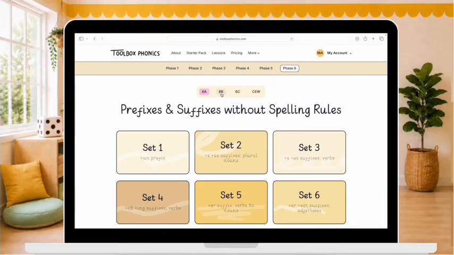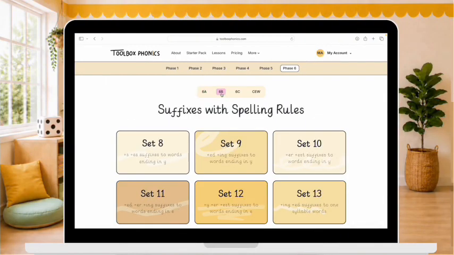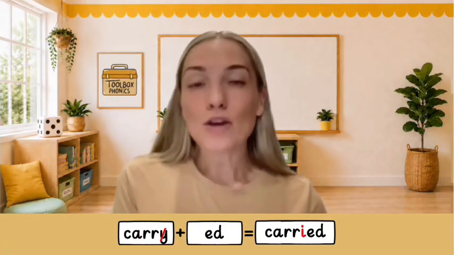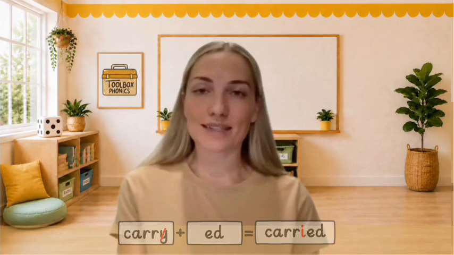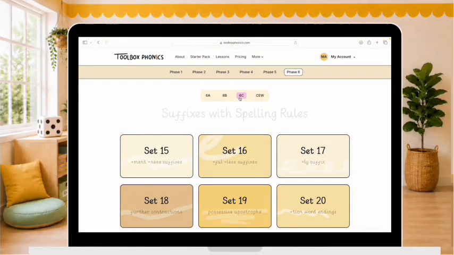Phase 6B uses the same suffixes, but this time introduces the spelling rules required when adding them to certain words. For example, some words ending in Y require you to change the Y to an I and then add the suffix. Phase 6C then explores further suffixes, further spelling rules, and further grammatical concepts, such as contractions and homophones, to name just a few.